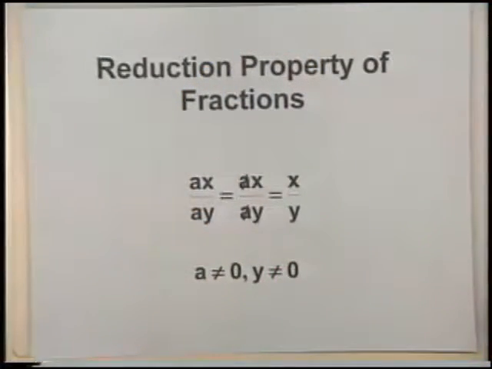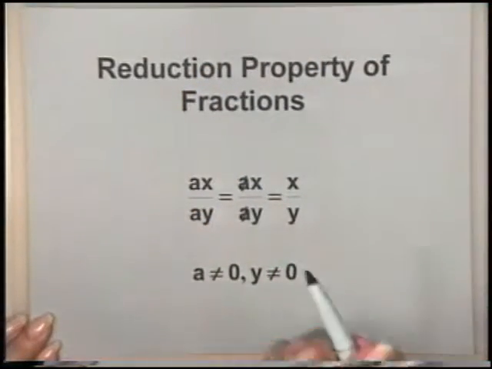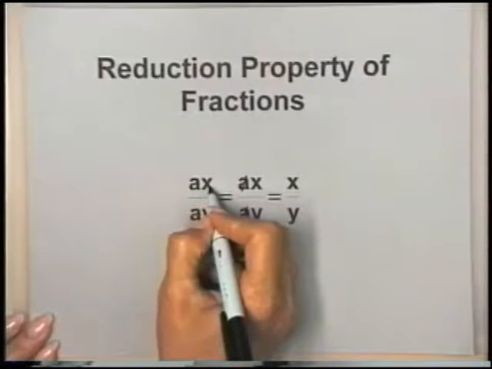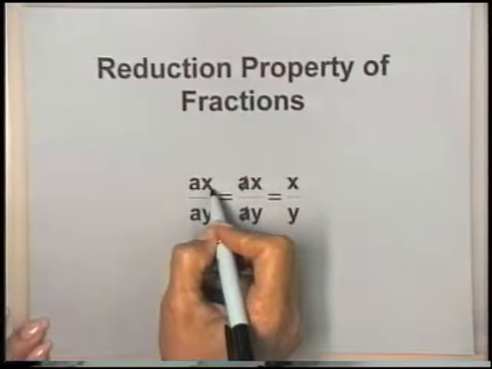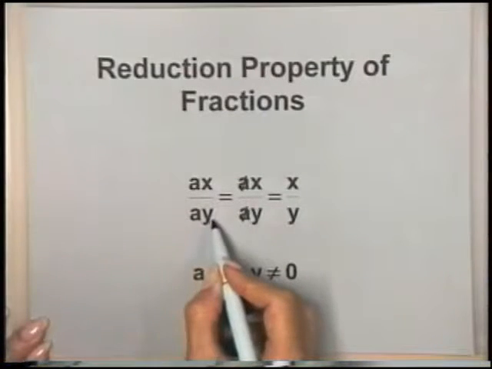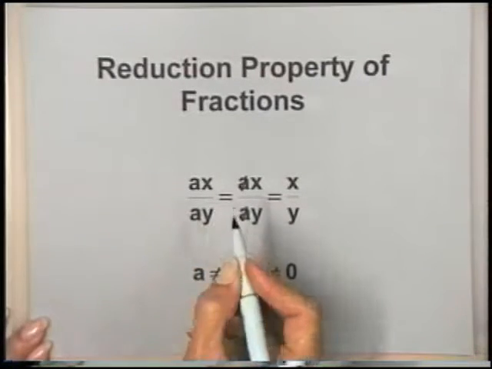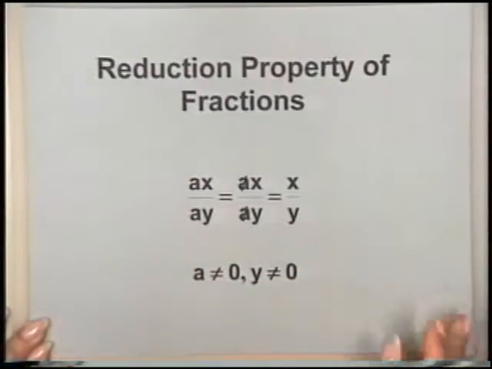Now let's look at the reduction property of fractions. If I have a times x in the numerator, a factor of a times a factor of x, over a times y in the denominator, a factor of a times a factor of y.